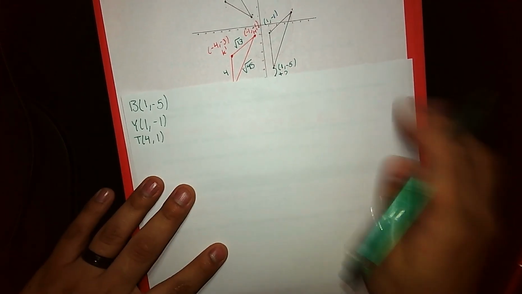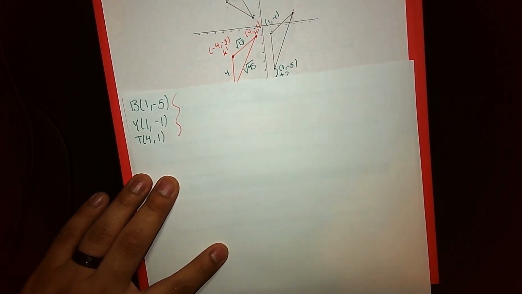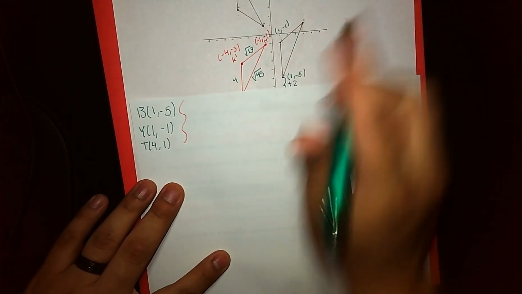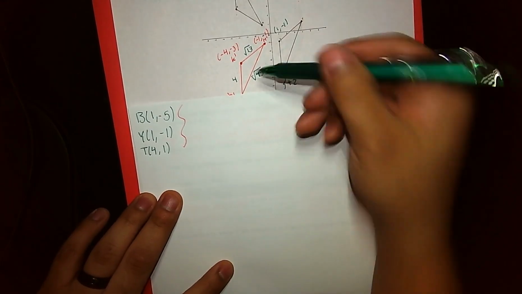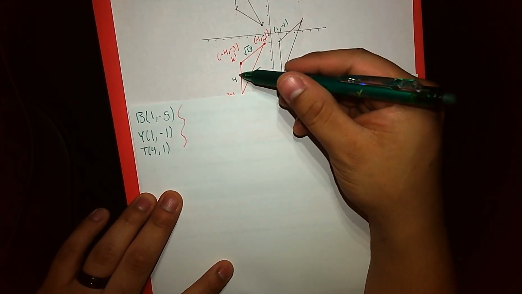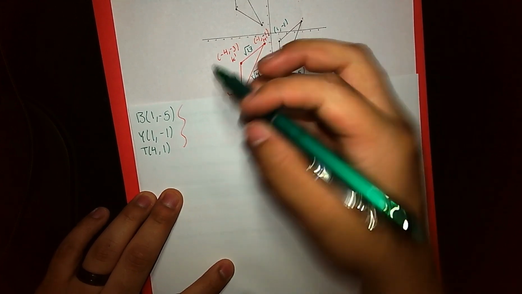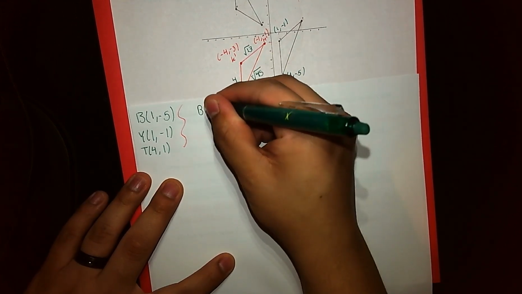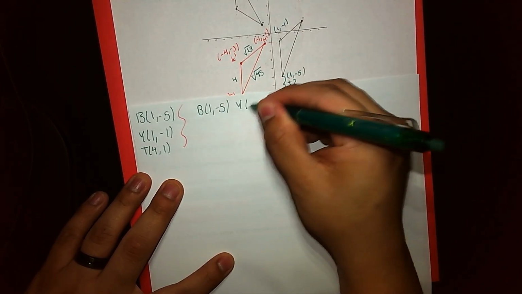All right. And again, we're just going to plug into the distance formula. So what is the distance from B to Y? Well, on this side we got 4. So if this is going to fall onto here, this also needs to be 4. So let's take B, which is 1, -5, and Y, which is 1, -1.